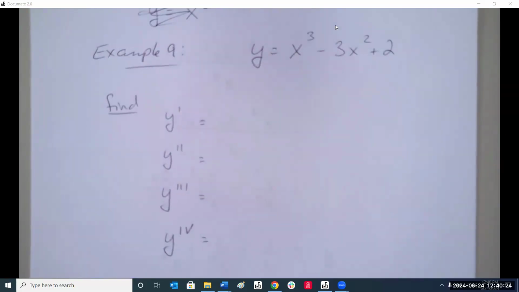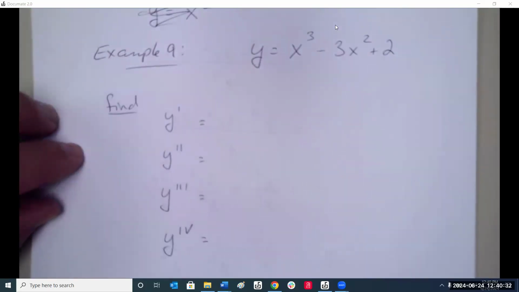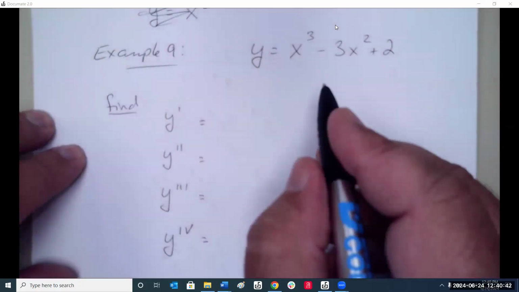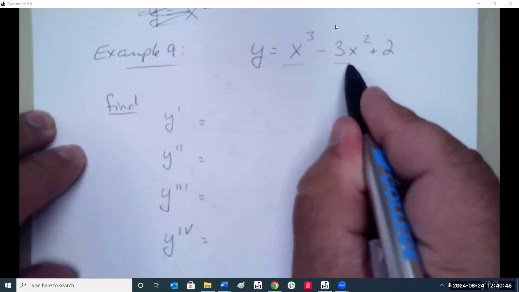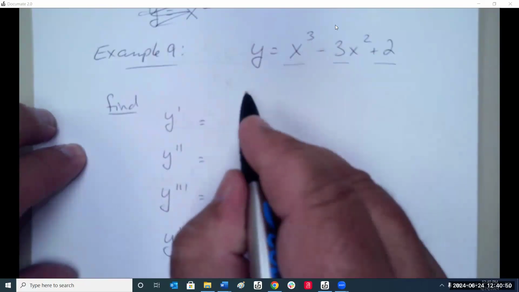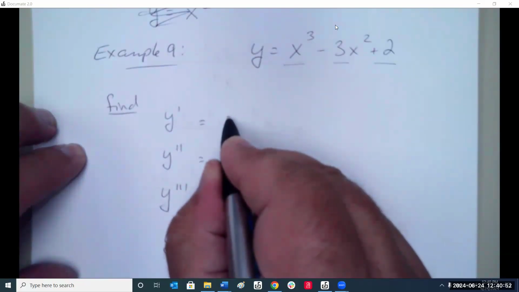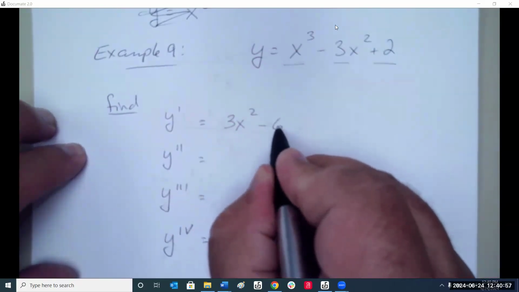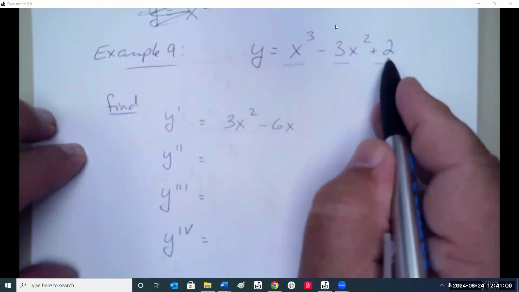Let's find as many derivatives as we can. So what's the first derivative going to be? You do each of these separately. The derivative of x cubed is 3x squared, minus 6x. The derivative of 2 is 0.